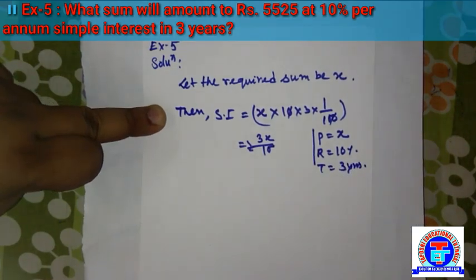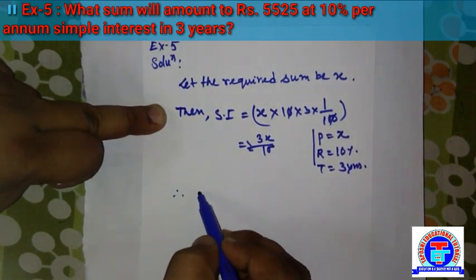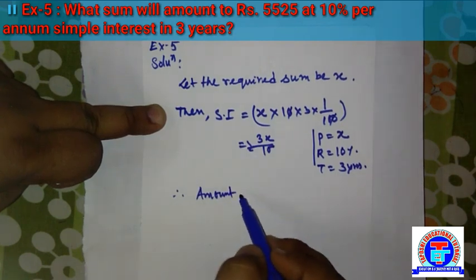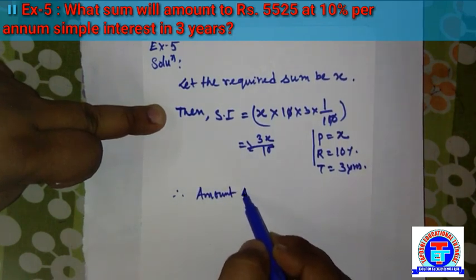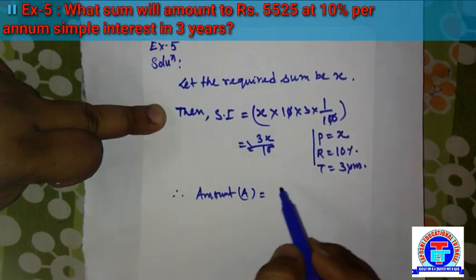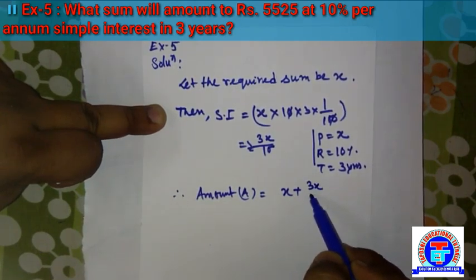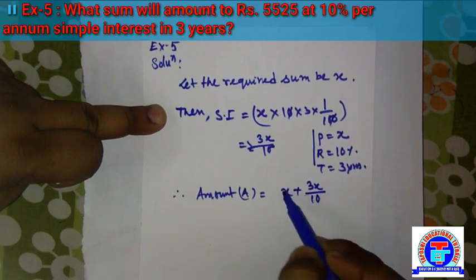Therefore amount A is equal to principal x plus simple interest, that we got 3x by 10 rupees.